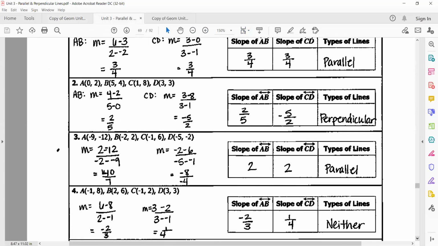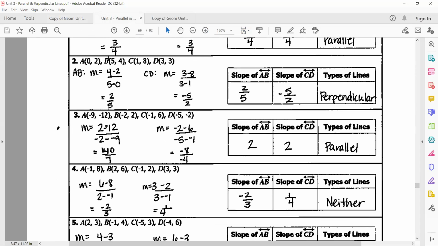So you can see every one of these examples, 2 calculations. Example number 2's got a slope of 2/5, negative reciprocal, so they're perpendicular. Look at number 3, 14/7, -8 over -4. I've seen a lot of people look at problem number 3 and say those don't have any relationship.